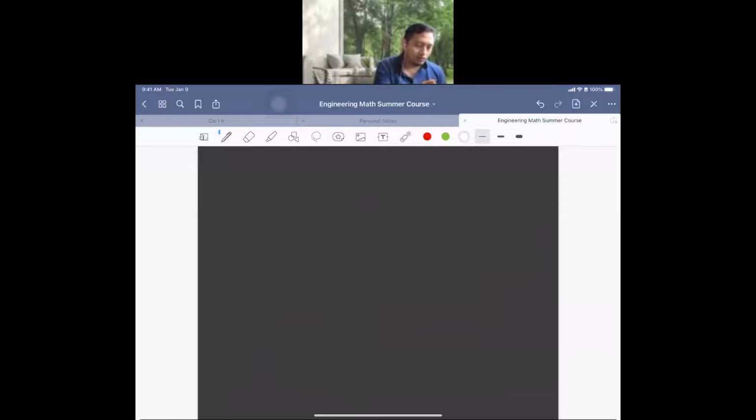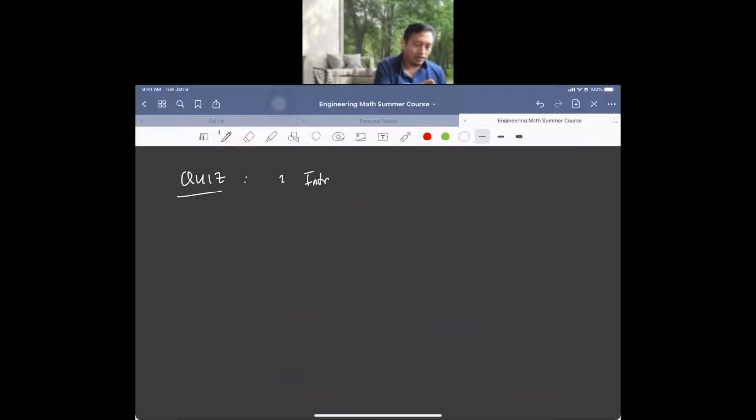So the quiz will be the intro, which is the introduction of differential equations. Like we know the first order, we know second order, how to differentiate them, what is linear and nonlinear, how to classify them. The second one is first order differential equations.